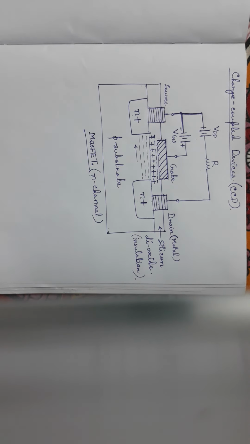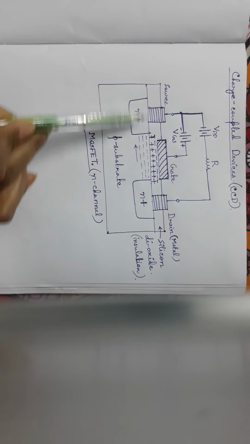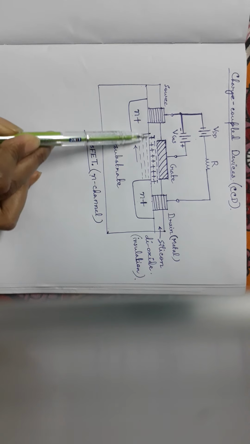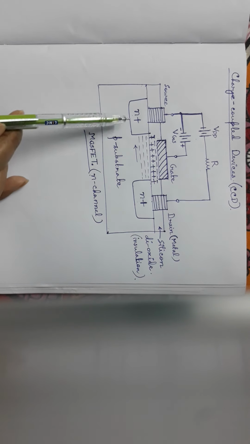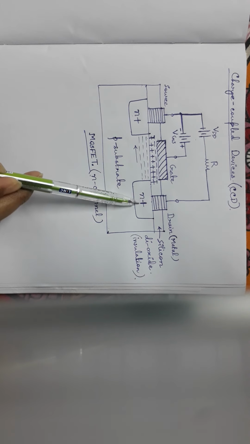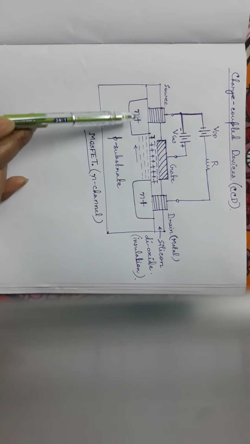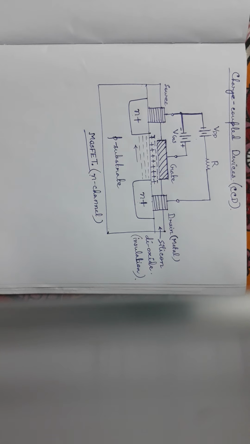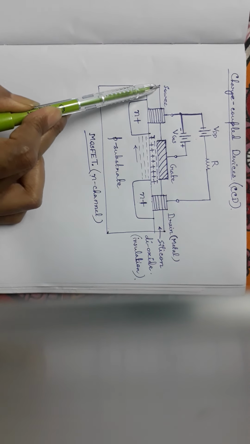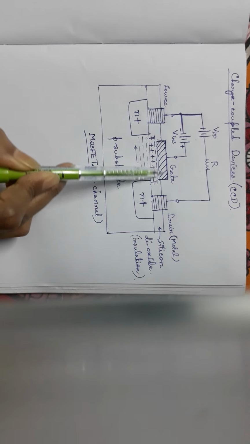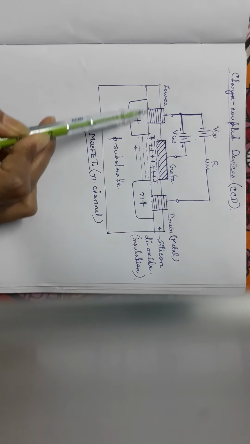As it is an N-channel MOSFET, the body of the MOSFET is formed of a P substrate, and two heavily doped N plus regions are diffused into that P substrate. And above that P substrate, there is a layer of silicon dioxide.